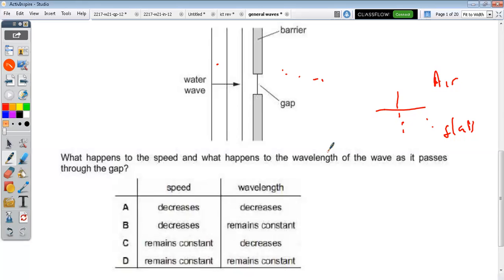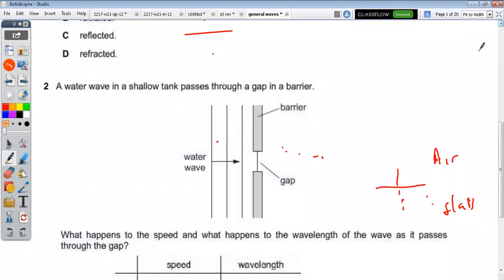You're saying speed decreases. Wait a moment. A gap in a barrier, what happens to speed and what happens to the wave as it passes? Oh, okay, I didn't read through the question. It's talking about this gap here.